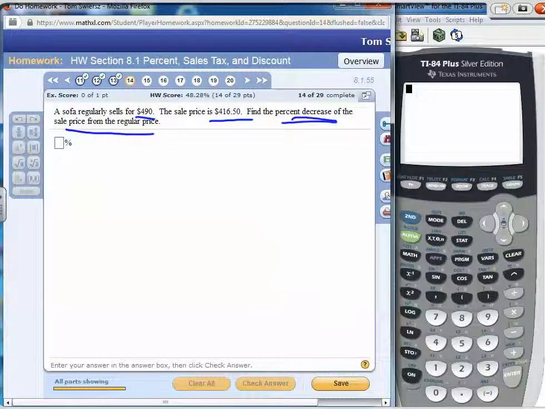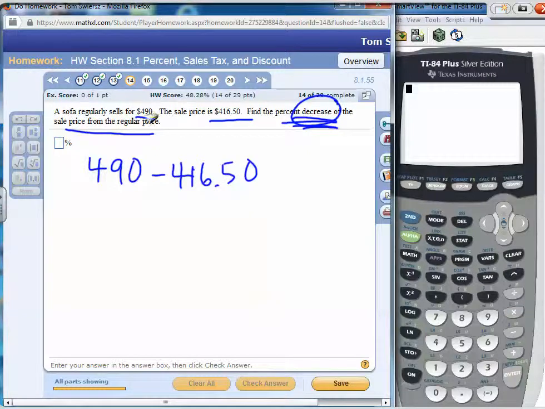Okay, percent decrease. When you see the word increase or decrease, you subtract the two prices and you divide by the original. So you subtract the larger number. The sofa sells for $490 regularly, so take $490, subtract the sale price, which is $416.50.